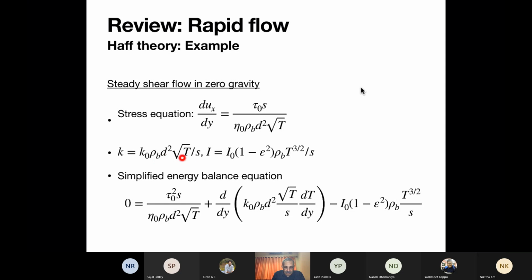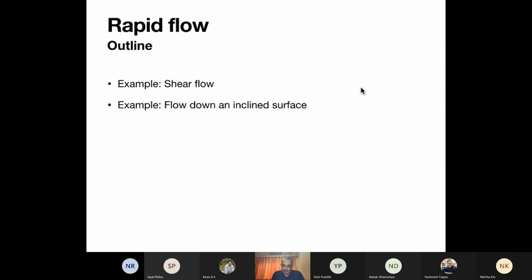Again, here the two variables are square root of T and S. And here also the variables are T and S. If we substitute for all of these things into this, you now have one equation, and the only variables in this are S and T. So this is where we had stopped last time.